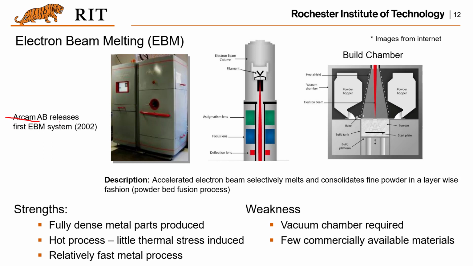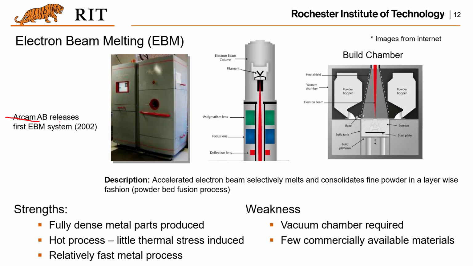Also, it has some weaknesses. First of all, the chamber needs to be vacuumed, meaning you need to pump the air out from the chamber, which requires time. The material is also restricted.